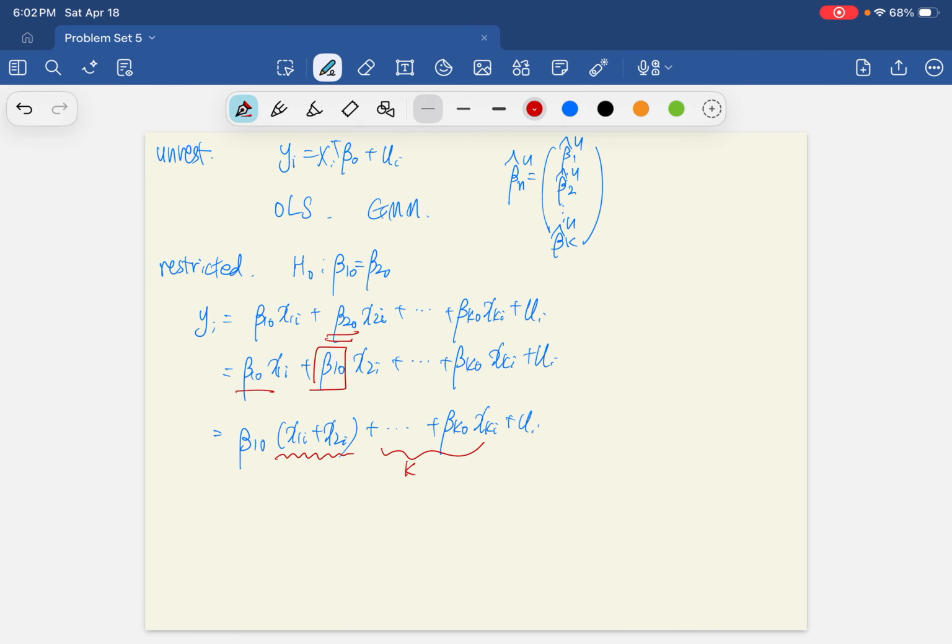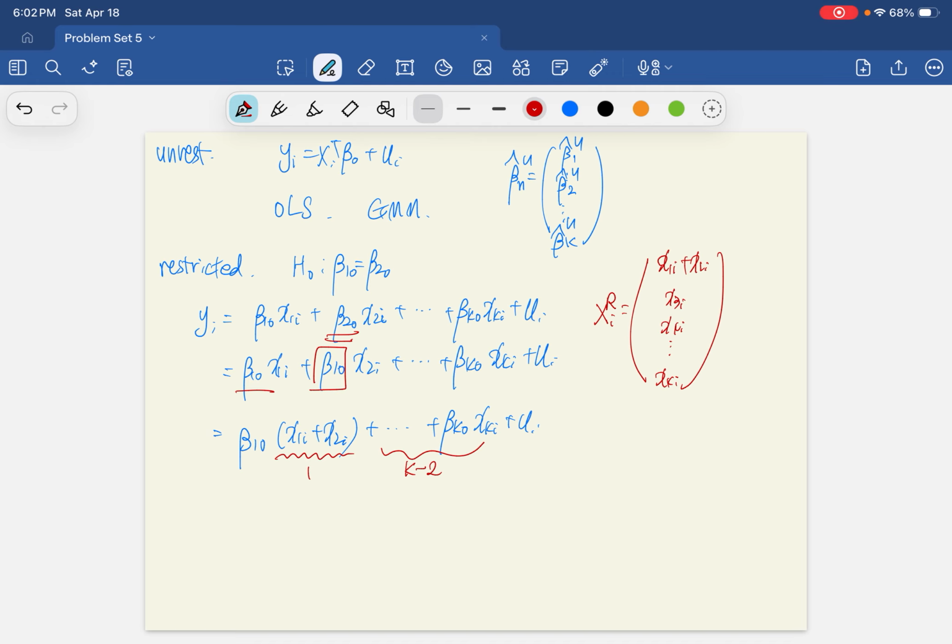There are k minus 2 regressors plus 1 regressor. So that means it is a new regression model where your restricted regressor vector can be written as x1 plus x2 for the first element, and then x3, x4, and xk.